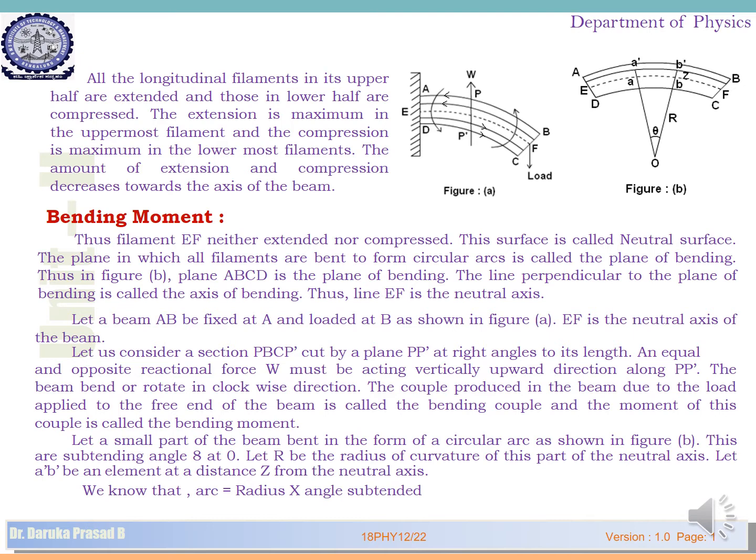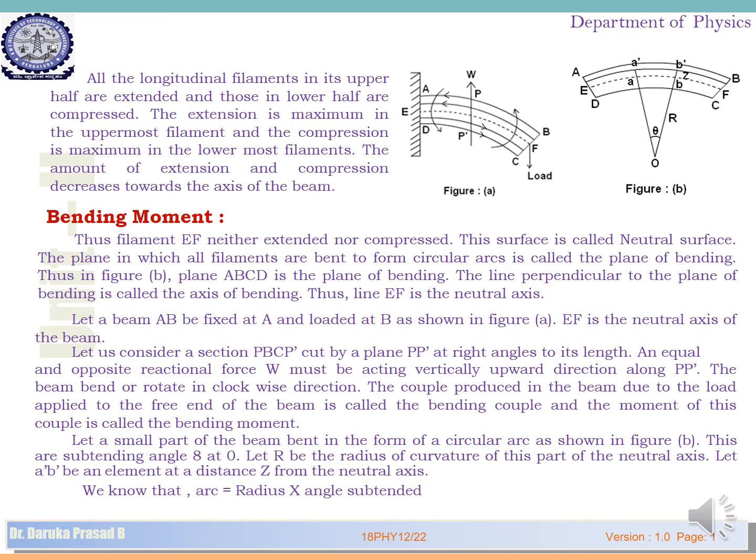Now the arc lengths can be determined with the help of this simple geometrical diagram. For the arc length AB, the radius of curvature is capital R and the angle subtended by the arc is theta, because by the definition of angle, it is arc divided by radial distance. So AB is the arc and the radial distance is OB.